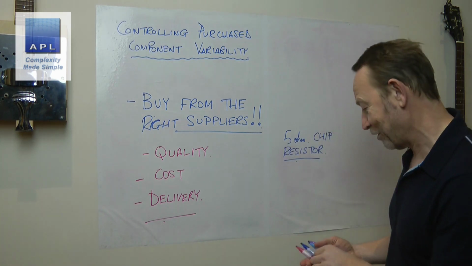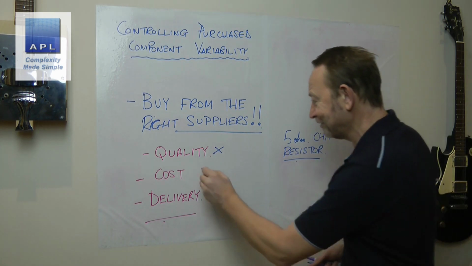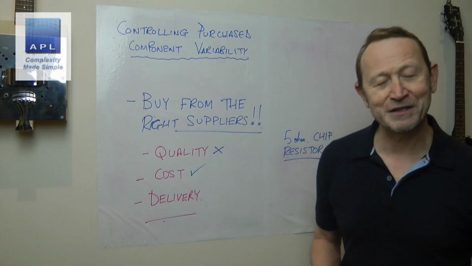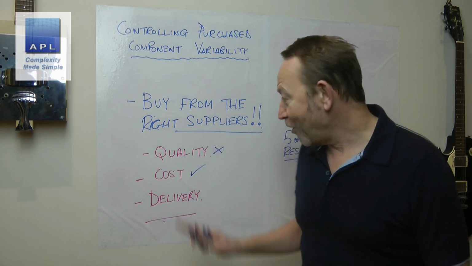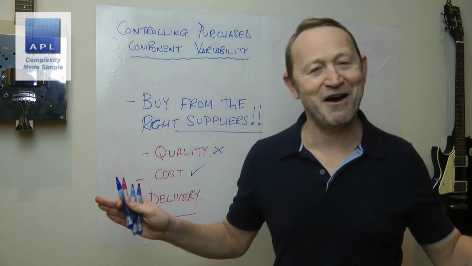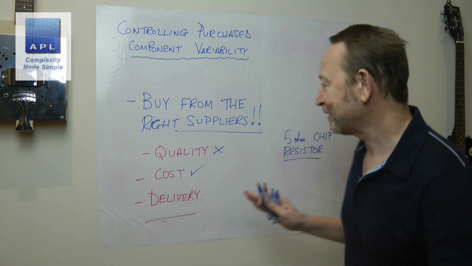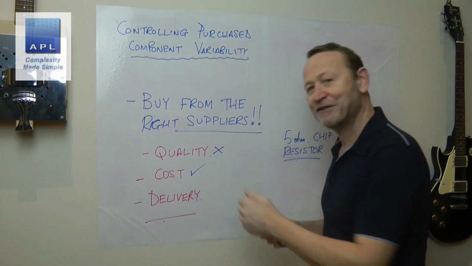If you don't put 4 doors on my car, the fact that the car is £1,500 cheaper makes no difference to me. Quality, cost, delivery. They come in that order.